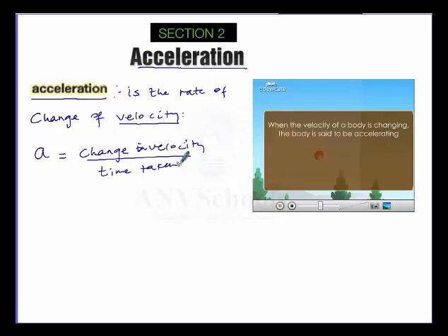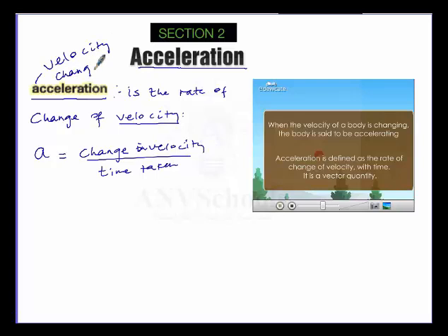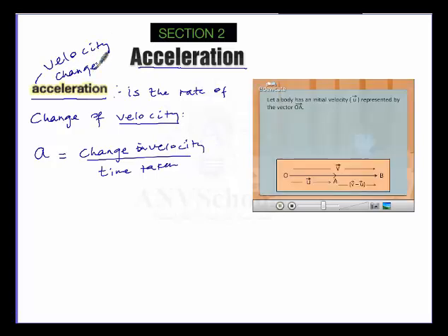A body is said to be accelerating if and only if the velocity changes. Here the velocity must change, otherwise, if the velocity remains constant, the object is in uniform motion. But if the object changes its velocity, we say that it is accelerating.